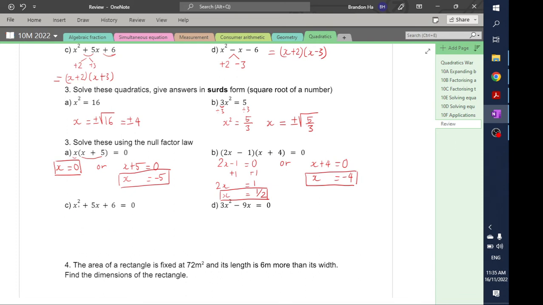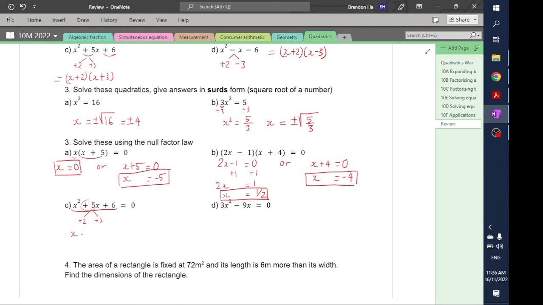Okay, next one. This one. In order to solve this quadratic, we need to factorize it first. So put it in brackets first. We can't simply solve it like this. So we need to put it in brackets by, again, finding the numbers that add together to become 5 here. So that is plus 2 and plus 3.